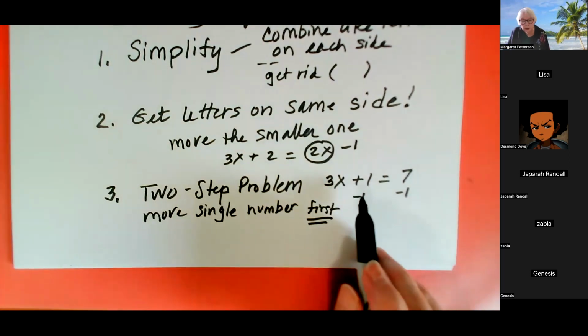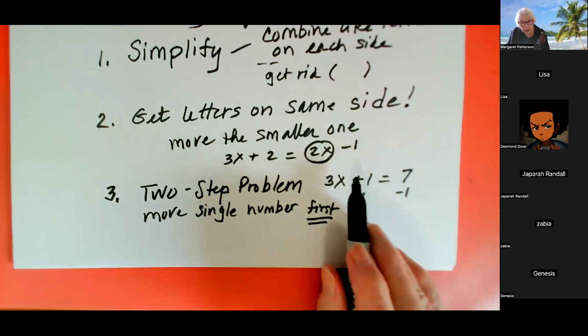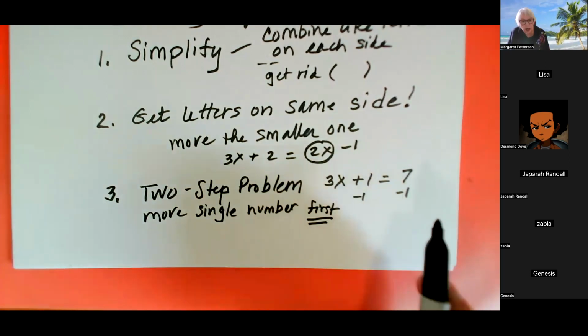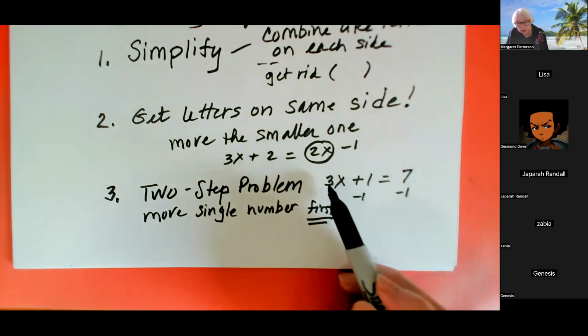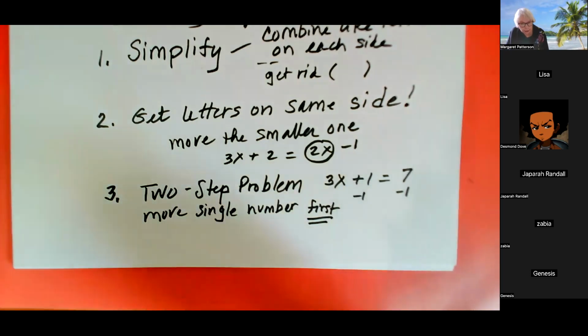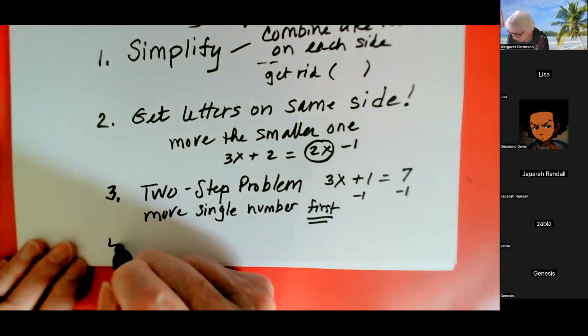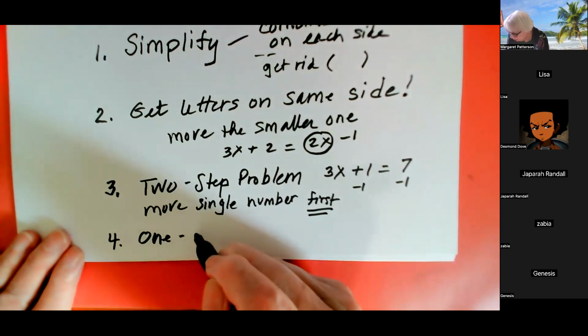In other words, the +1, you would subtract 1 to both sides. If it was a negative, you would add to both sides. But do that first, because you have two numbers to get rid of, the 3 and the 1, and the order matters.